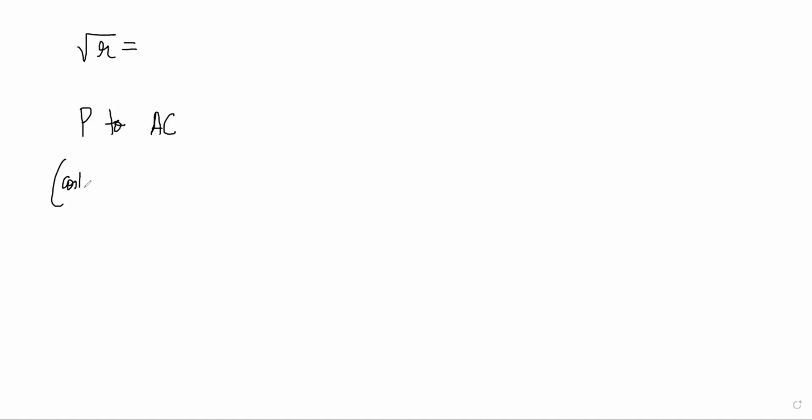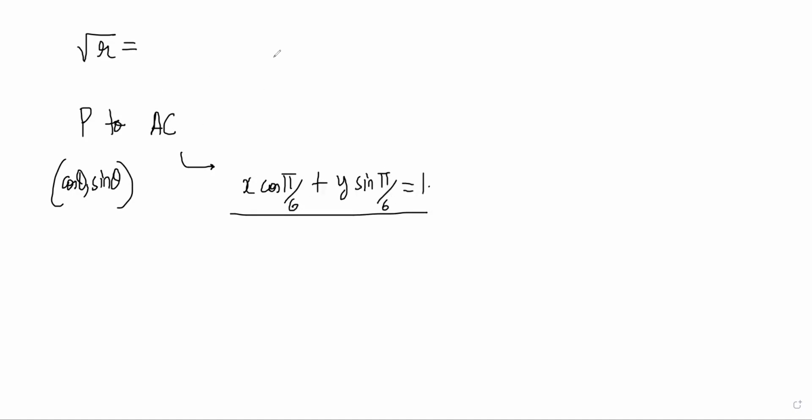So the P point was cos theta, sin theta, and the side AC equation was x cos pi by 6 plus y sin pi by 6 equal to 1. So by using the distance to a line formula, you will get mod of cos theta cos pi by 6 plus sin theta sin pi by 6 minus 1 divided by root over this square plus this square, which is 1.